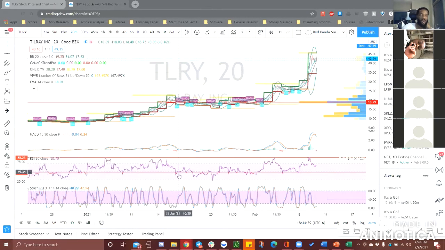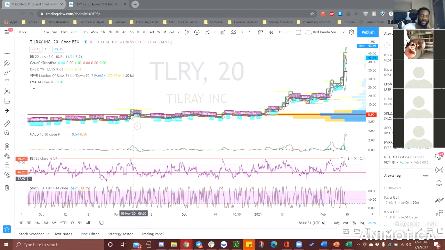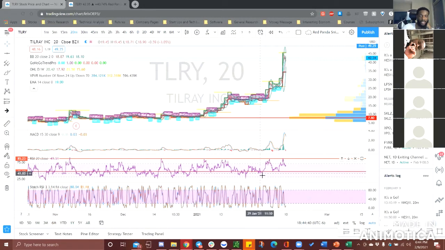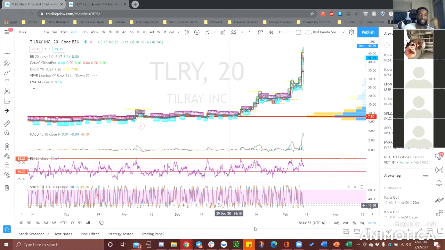However, not all stocks are the same, so not every stock is going to come below like that. As we see here, it was coming below before, but recently it's not coming down as far. It's been buying for the most part for at least the last month. So sometimes you might need to adjust it.